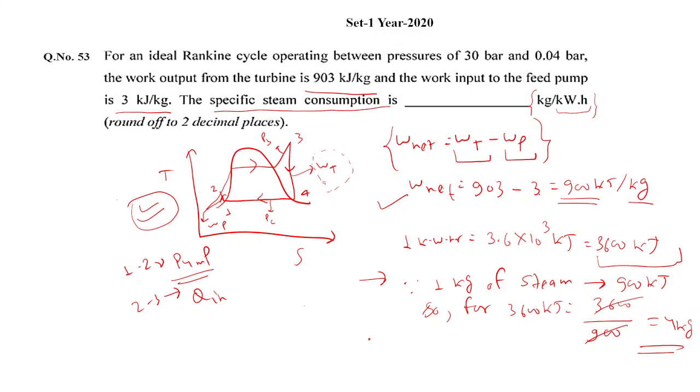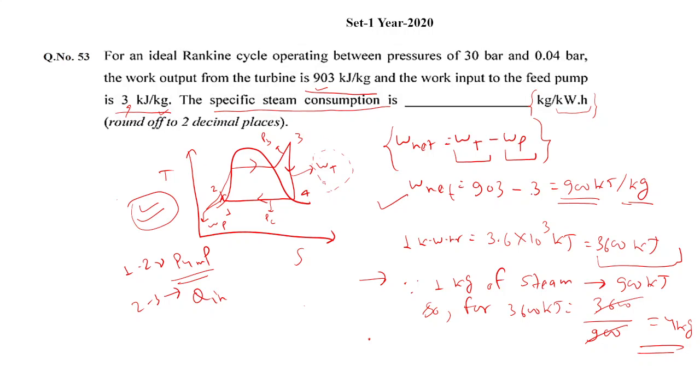So 900 kilojoule of work you are getting from 1 kilogram of steam, because the turbine gives 903 kilojoule per kg, and in order to compress 1 kg of liquid from 1 to 2 we have to give 3 kilojoule.